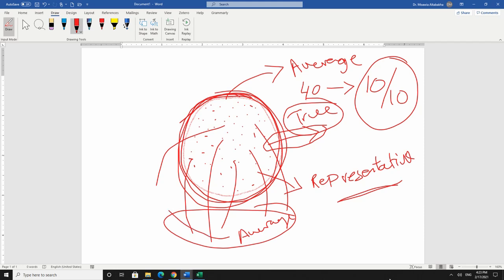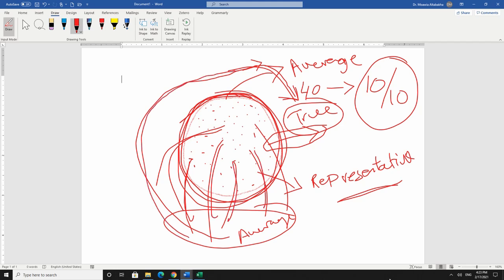And that average, if it is representative and big enough, should be close to the true average. Please pay attention that the higher the number I take for my sample, the closer it is to the true average.